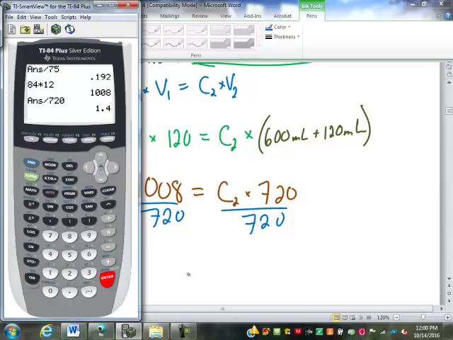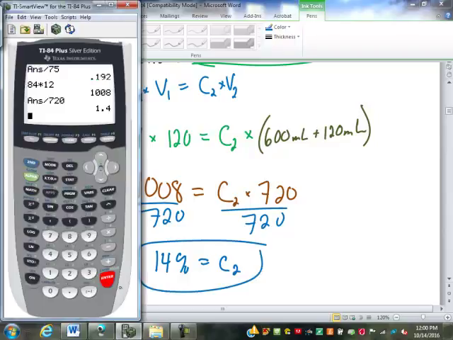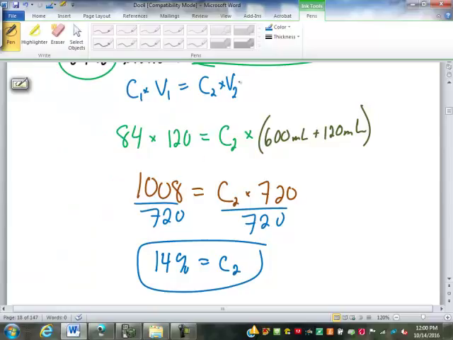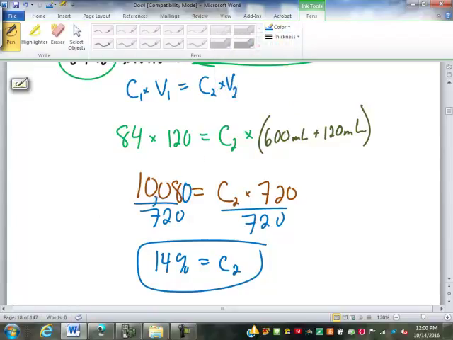I'm wrong. So 14% is what it comes out to be, right? I just made a decimal. I missed a 0. 84 times 120, so 84 times 12, this should be 10,080 there, not 1,008. So you divide by 720, it is 14%.